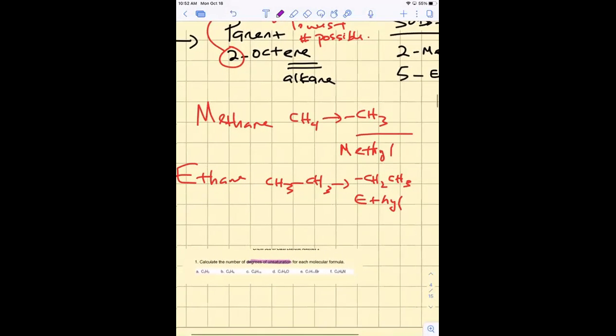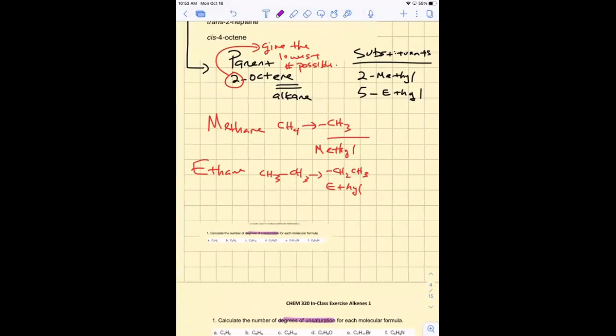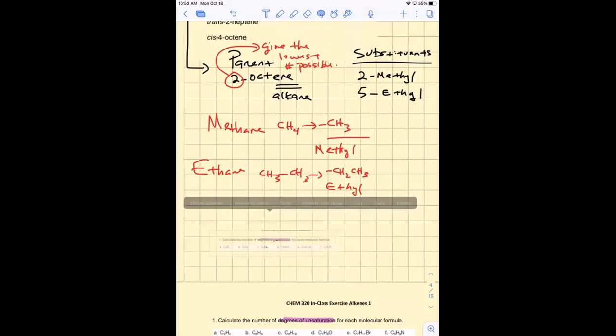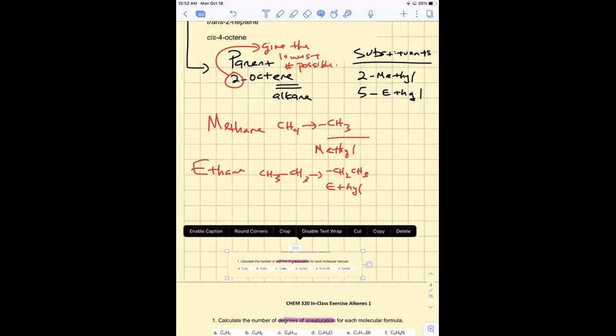What's going to come first, ethyl or methyl? Ethyl. It's alphabetical, remember. It's not based on the number. So it's going to be 5-Ethyl. Notice I'm capitalizing that first letter.